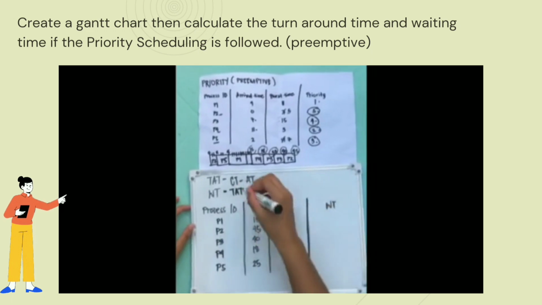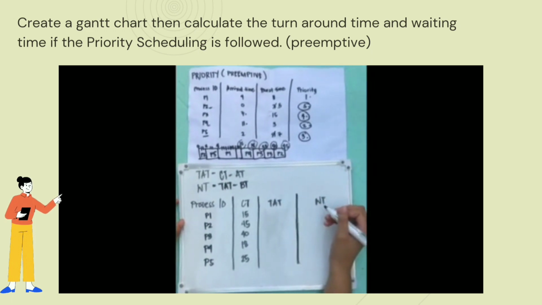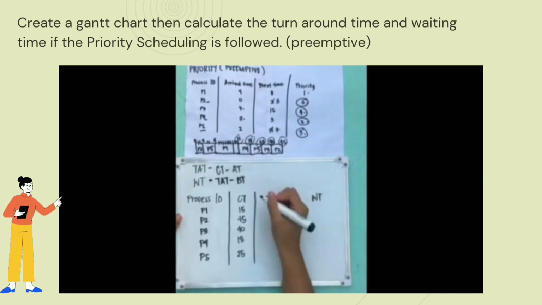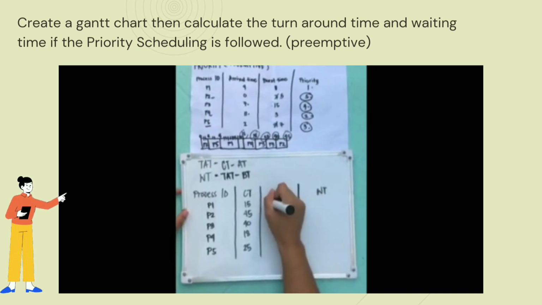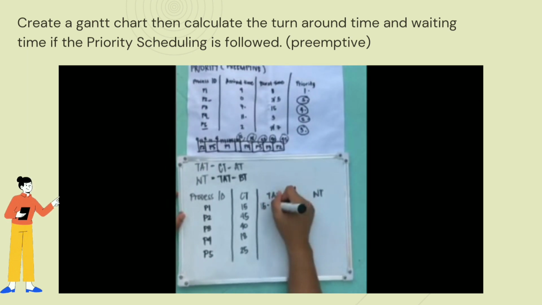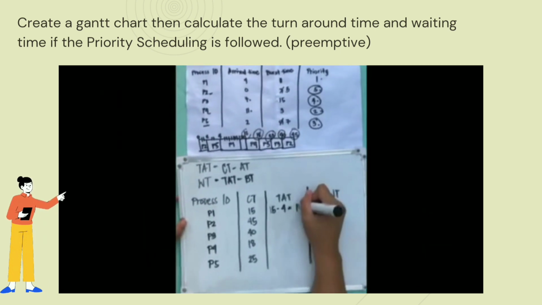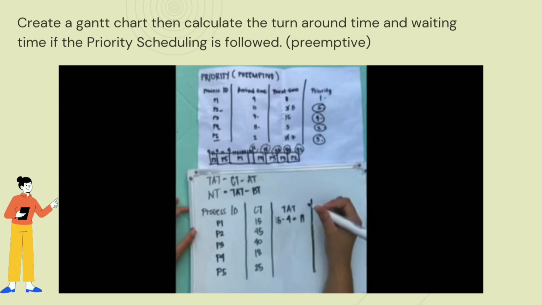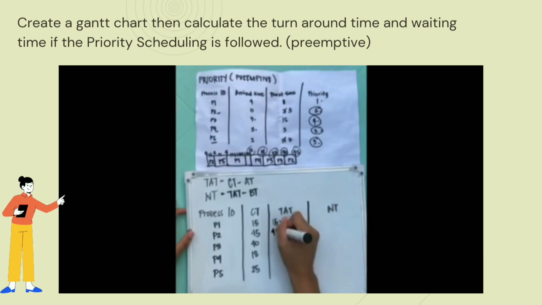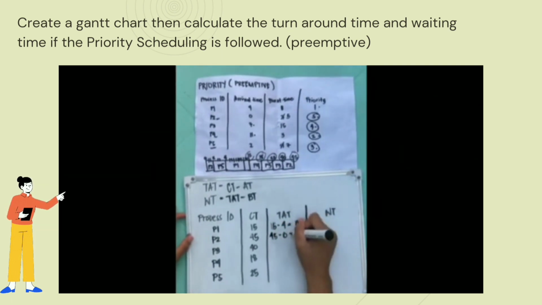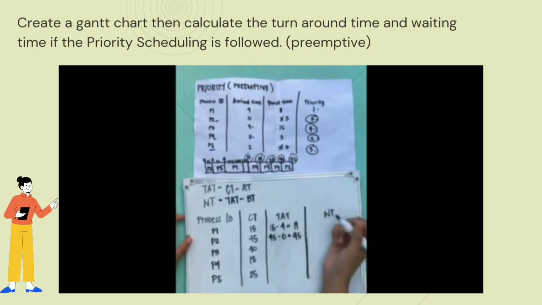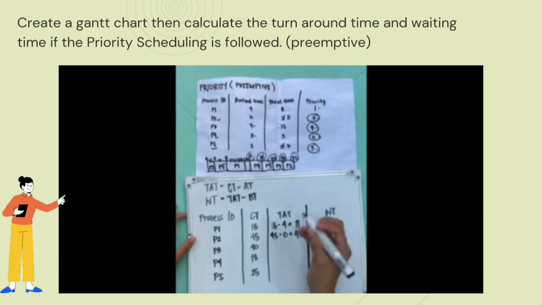Yung turnaround time is completion time, i-minus natin sa arrival time. So, yung completion time ni P1 is 15, i-minus natin sa 4 dahil si 4 yung arrival time. So, ang sagot is 11. So, same process, i-minus ulit natin yung completion time sa 0. Sagot is 45.